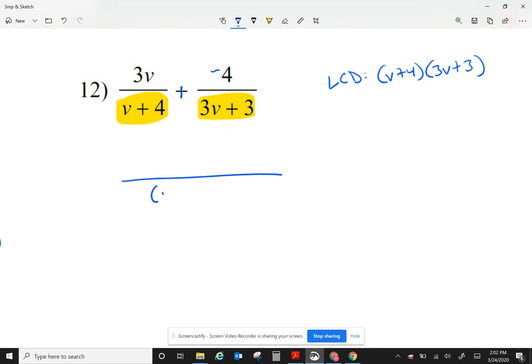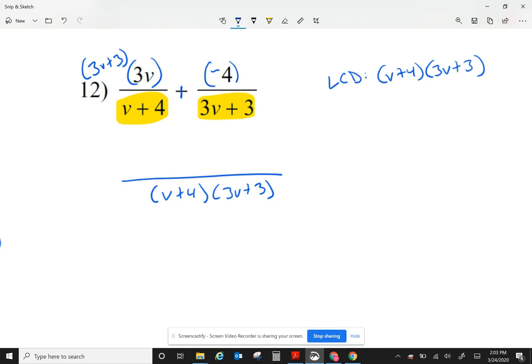My least common denominator will be v plus 4 and 3v plus 3. Looking at the first fraction, I have the v plus 4, so I'm going to multiply the top with the 3v plus 3. I multiply with the parentheses that I don't have.